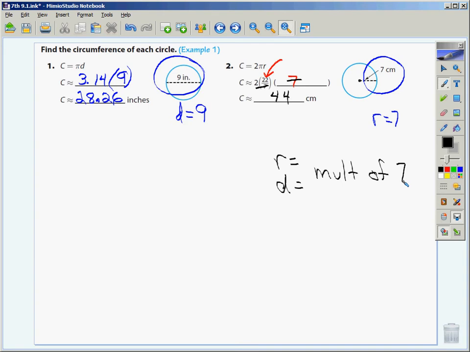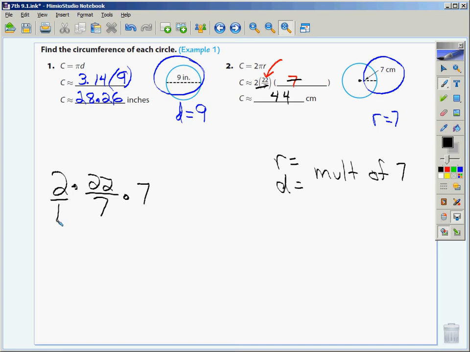Make sense to everybody? Go ahead and ask the question. This is what it says. 2 times 22/7 times 7.